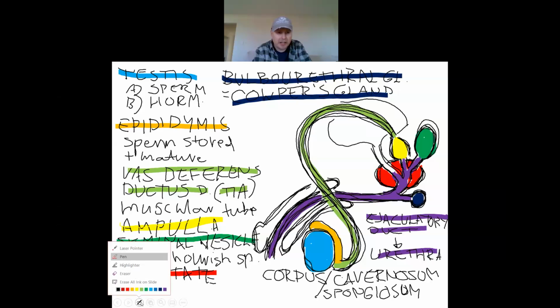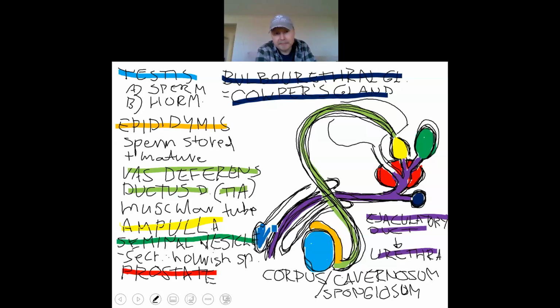And I'm going to take another highlighter. I'm just going to try to find a color that I wouldn't have used too much, that wouldn't make it confusing. Let's try this.